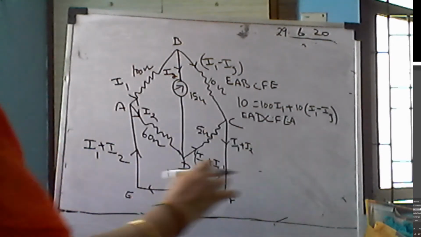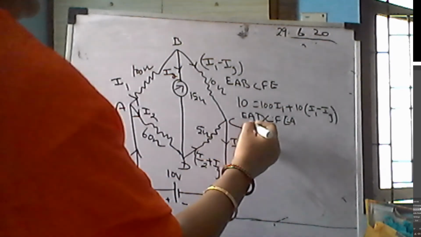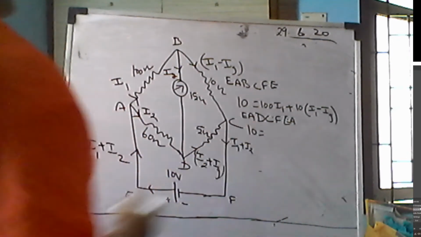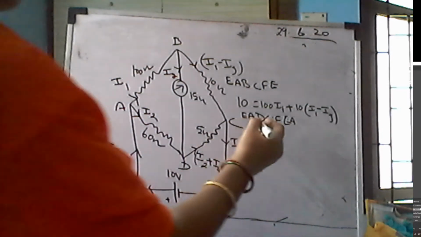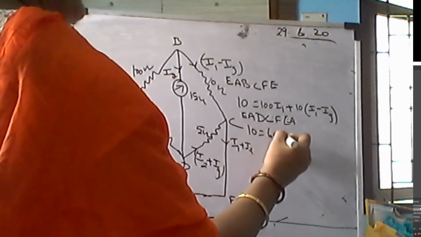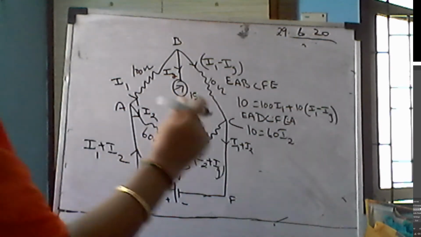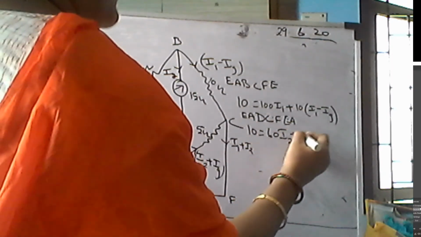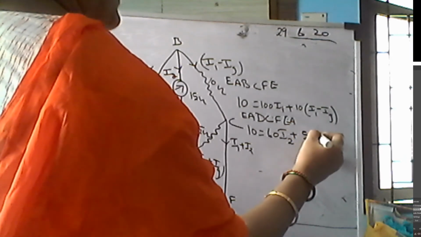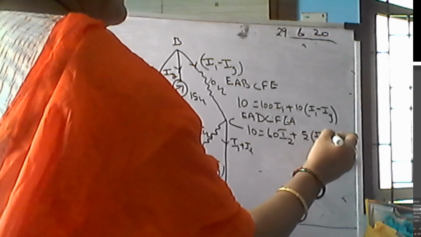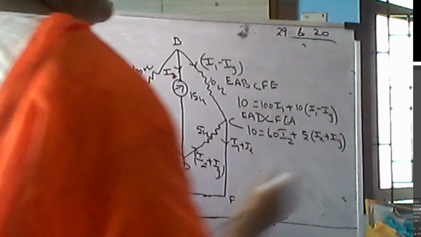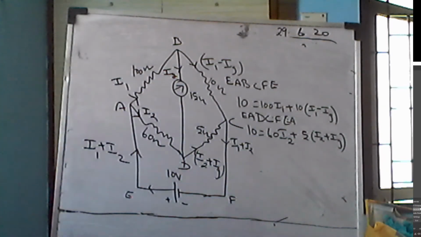Like this you are getting. So that is equal to 10 equal to 60 I2 plus 5 into I2 plus IG.